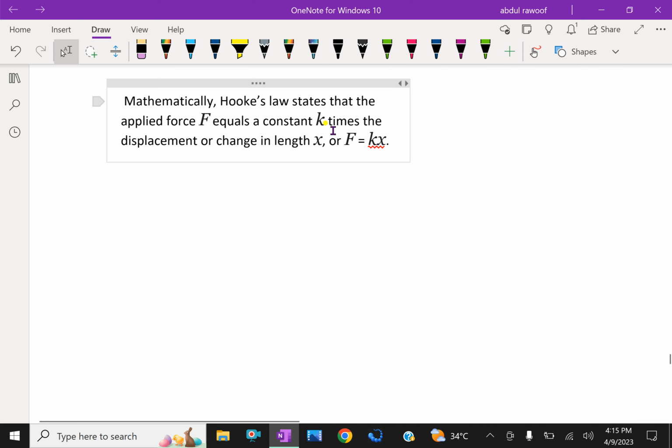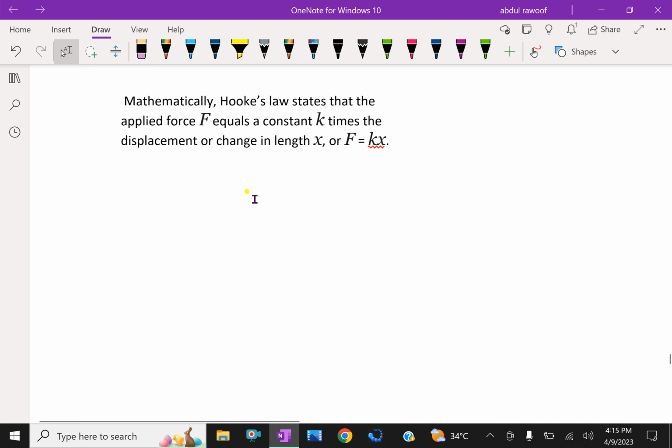Mathematically, Hooke's law states that the applied force F equals the constant K times the displacement or change in length x, that is F equal to Kx, is Hooke's law. Hooke's law states that within the elastic limit, stress is directly proportional to the strain.